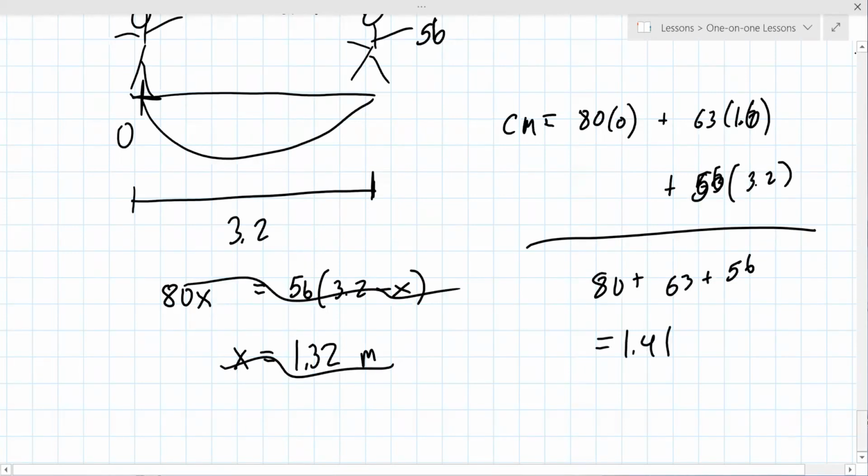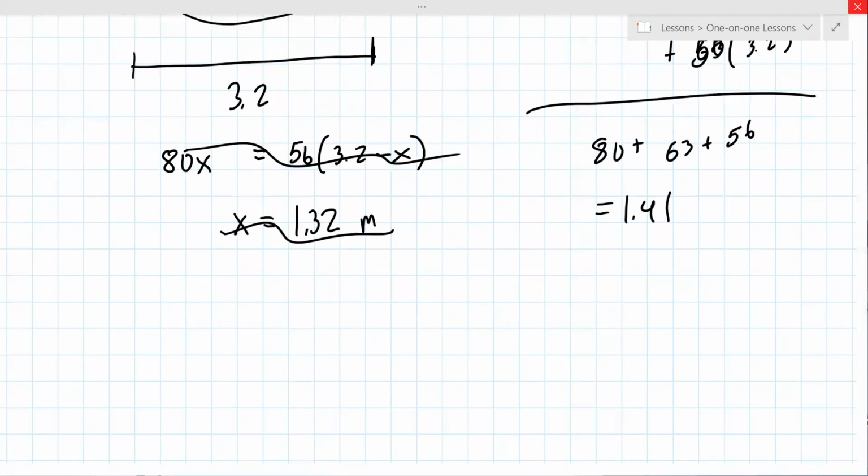Okay, so now they switch positions, and the boat moves.